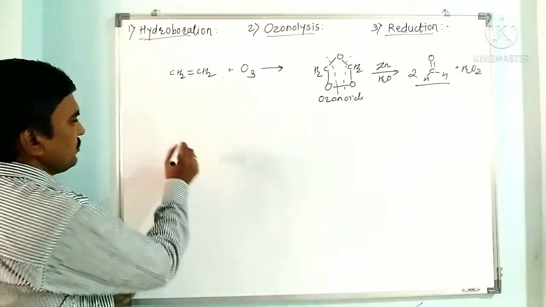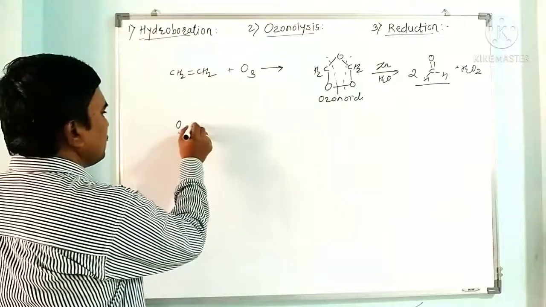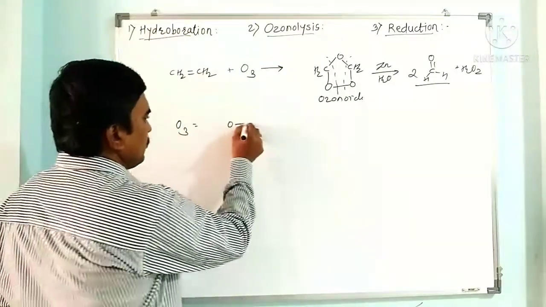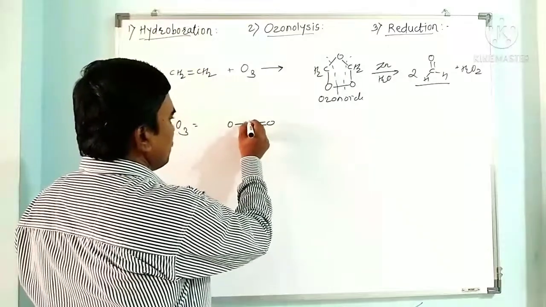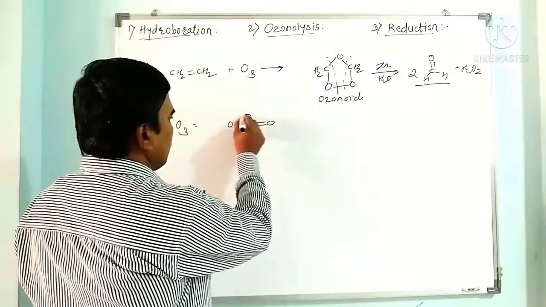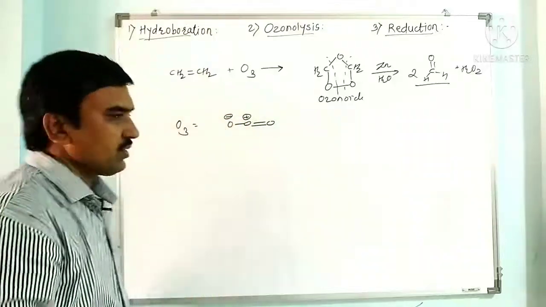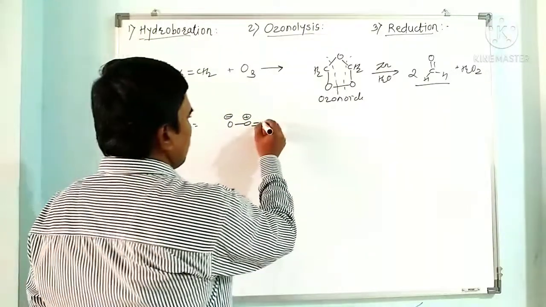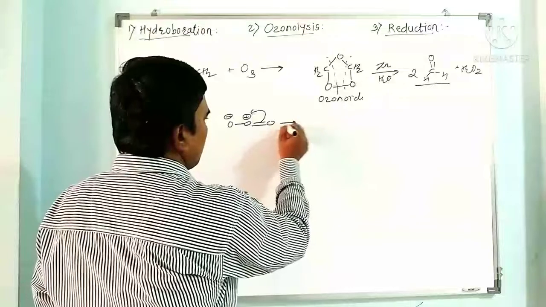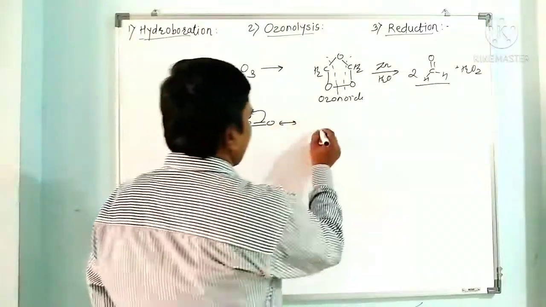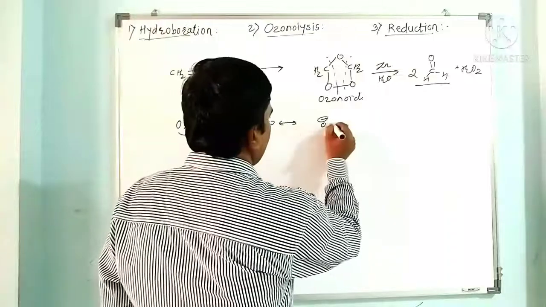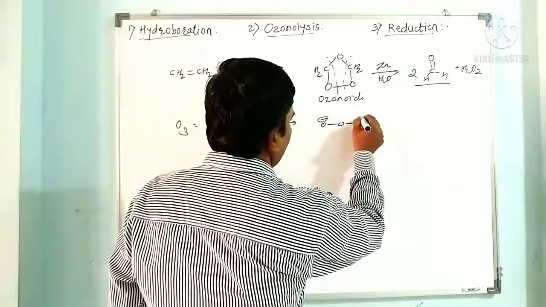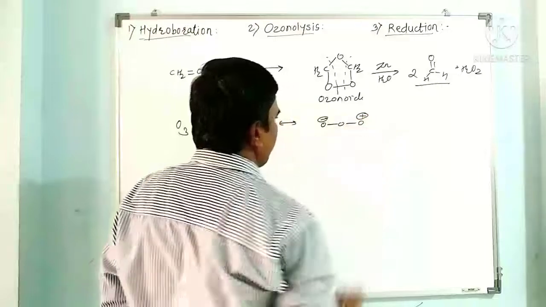If we see ozone, O3 has the structure O-O-O. Here we have a positive charge and here a negative charge, or it can have another resonating structure, that is O minus, O, and here an O plus.